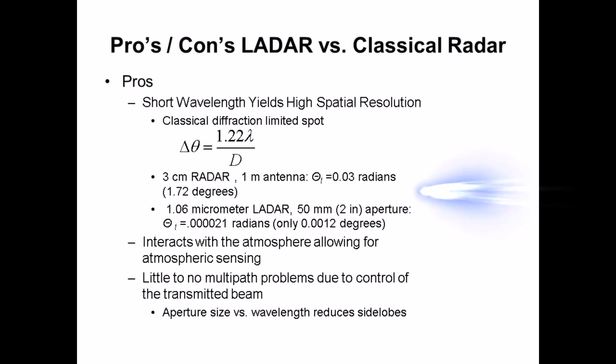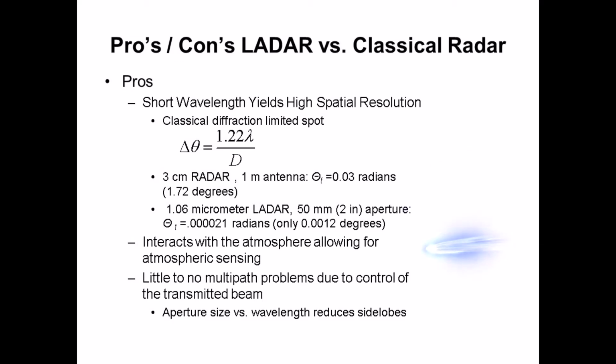So even with a much smaller input aperture, due to the wavelength difference, laser radar systems can achieve a much higher spatial resolution, and therefore are better at rejecting signals from background and clutter.